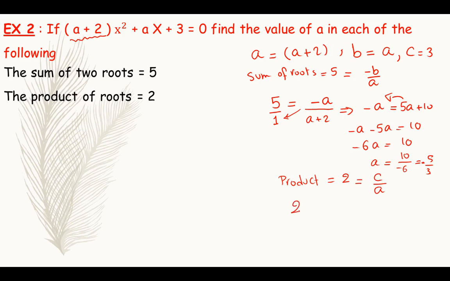Here 2 equals c, the absolute term, which is equal to 3, over a, the coefficient of x power of 2, where it is a plus 2. 2 over 1, cross multiplication, 3 times 1 equals 3. 2 times a plus 2: 2 times a is 2a, and 2 times 2 equals 4. 4 will go to the other side, so 2a will be equal to negative 1. And here a equals negative half.